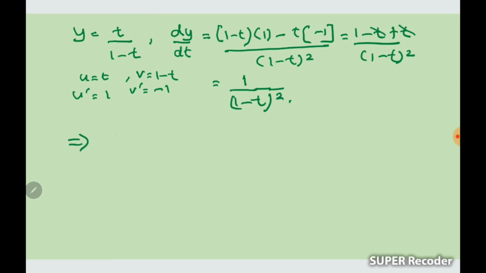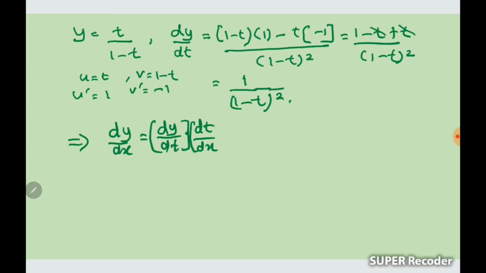Therefore, to get dy/dx, you have to find out what is dy/dt, and then you have to multiply with dt/dx.